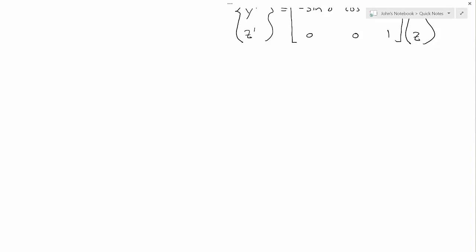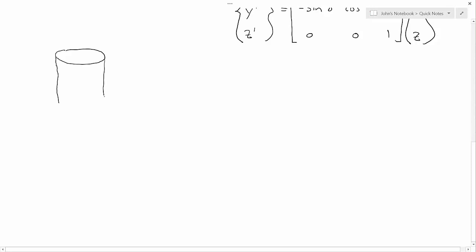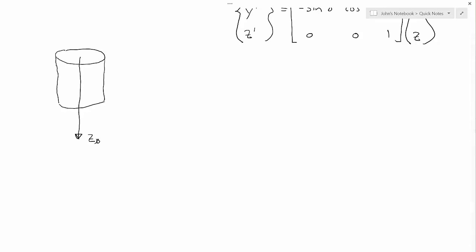All right. So now, let's look at a little section of our wellbore, where now we have ZB, which is in fact down the actual wellbore, and we have Z prime.